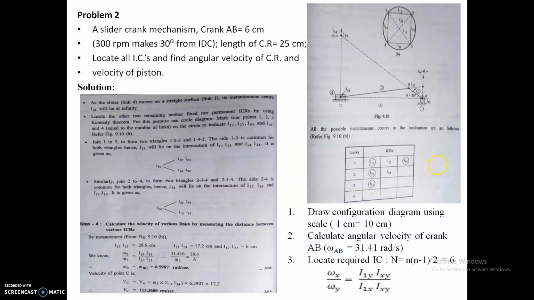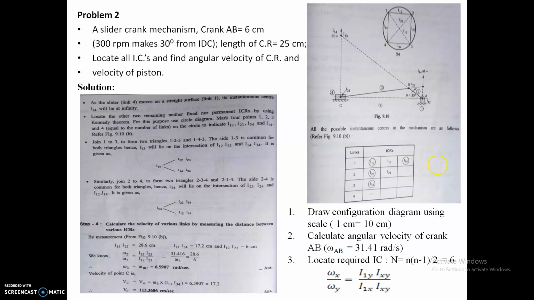So I have mentioned the second suffix as 4. So I24. In the same way for the row number 3, that is link number 3, you will get I34, and for link number 4, it would be I45, but the 5 you can't write because the maximum number of links for the mechanism is 4. So you don't take this I45 for link number 4. Okay, so it is exceeding.